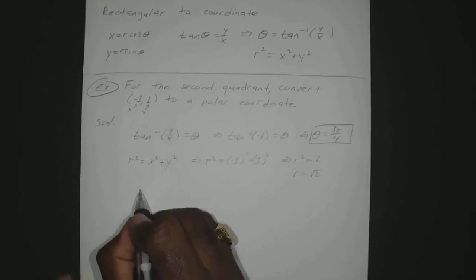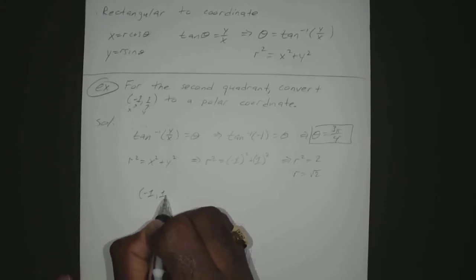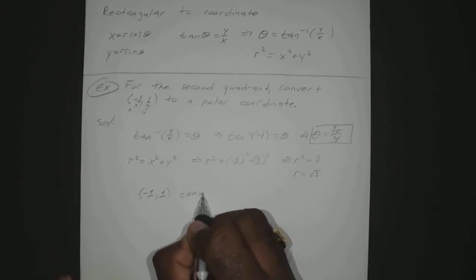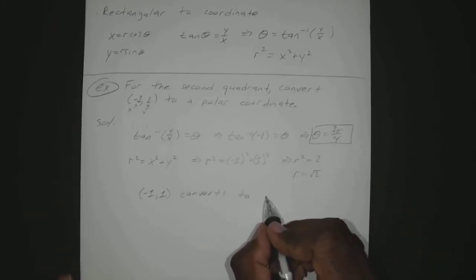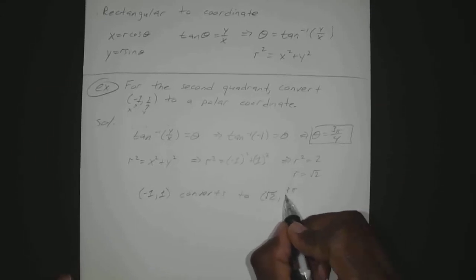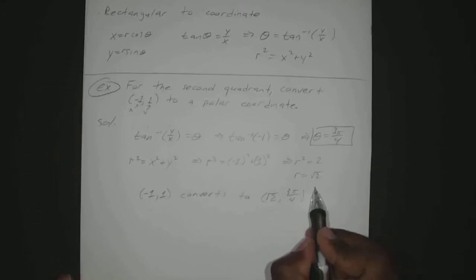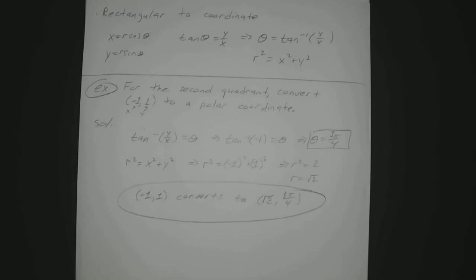So we know that -1, 1 converts to r, theta, which is square root of 2, 3 pi over 4. All right, any questions on that one?